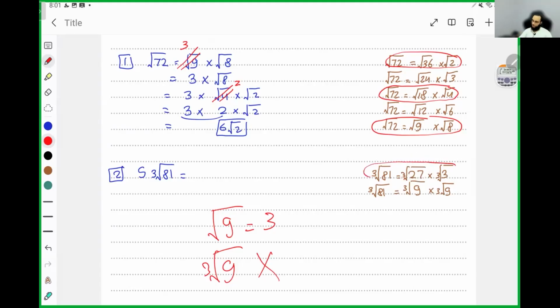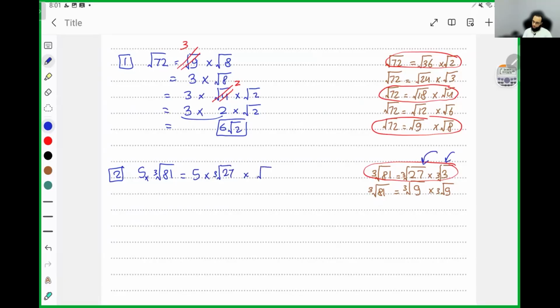So, choose this line. What is the meaning of choose this line? You have to write the 5 as itself, and instead of cubic root 81, I write these two parts, which is cubic root 27 times cubic root 3. Clear?